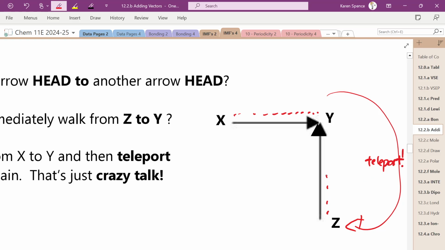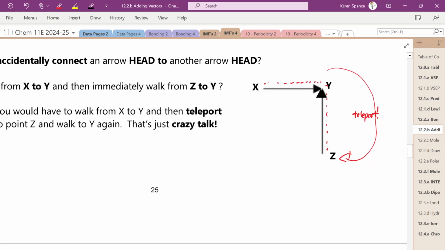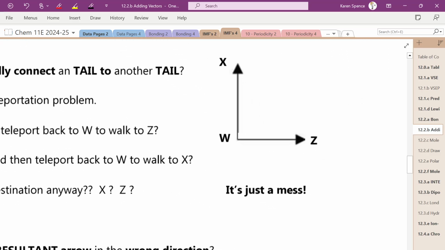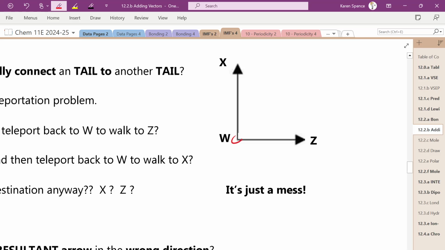And then we'd have to walk. So you can't do it, okay? Same thing, if you connect tail to tail, you would go maybe from W to X, walk. Uh-oh. Now I would have to teleport back to W and walk over to Z. So we cannot do that, okay?